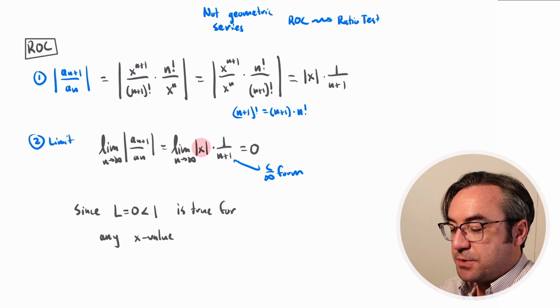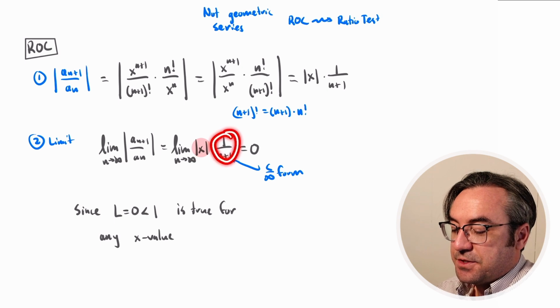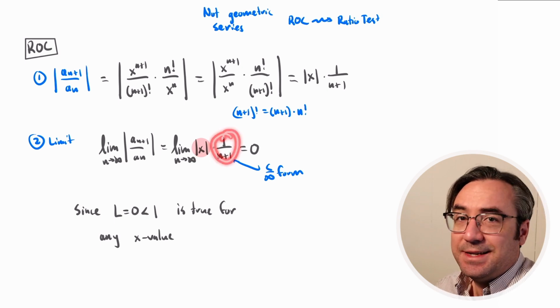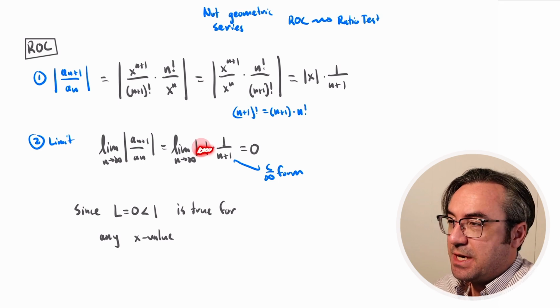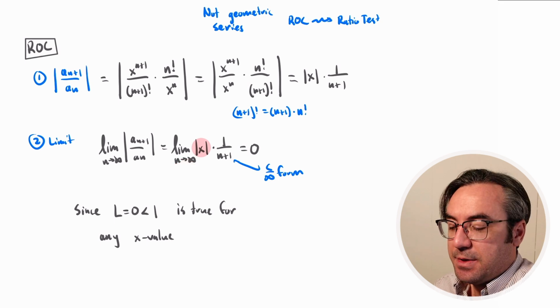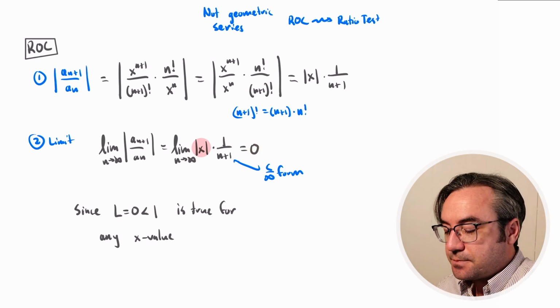So even if x was like 1,000,000, well, eventually this fraction 1 over n plus 1 is still going to go to 0. n's going to get bigger than 1,000,000, so this fraction is going to get really close to 0. So this limit always goes to 0 here.